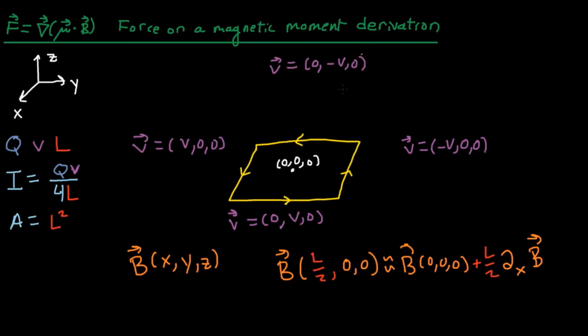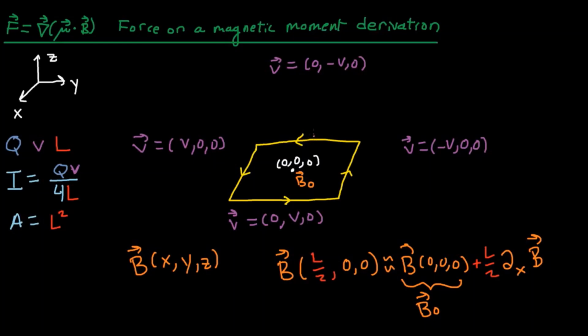Now this means that if we know what the magnetic field vector is in the middle, let's call that B naught. So what I have written here is B(0, 0, 0). Let's call that B0. So the magnetic field in the center has a value of B0.